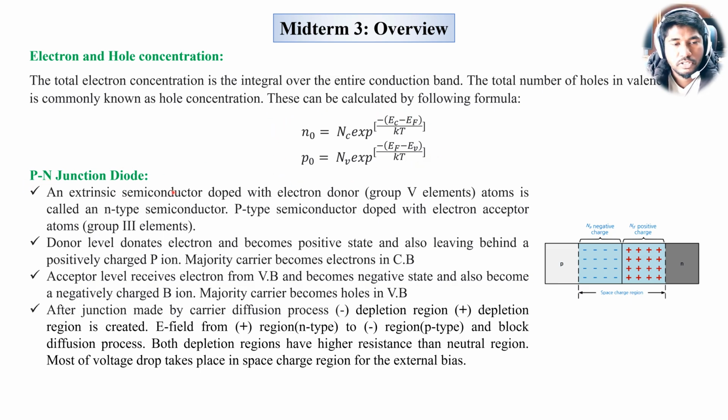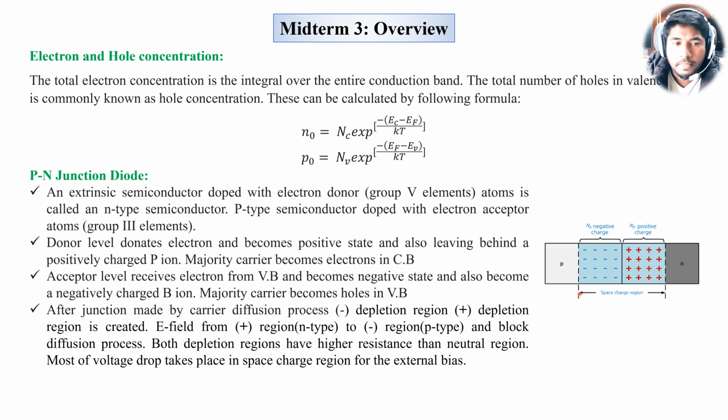Now p-n junction diode. When p-type and n-type semiconductor meet together, then a p-n junction is created, right? Donor level donates electron and becomes more positive state, also leaving behind a positively charged ion that is here. An acceptor level receives electron from valence band and becomes negative state, also becoming a negatively charged ion, and this is for here.